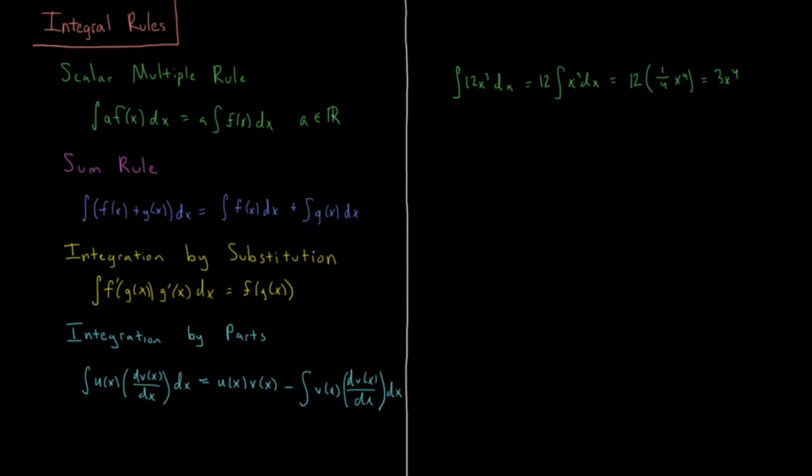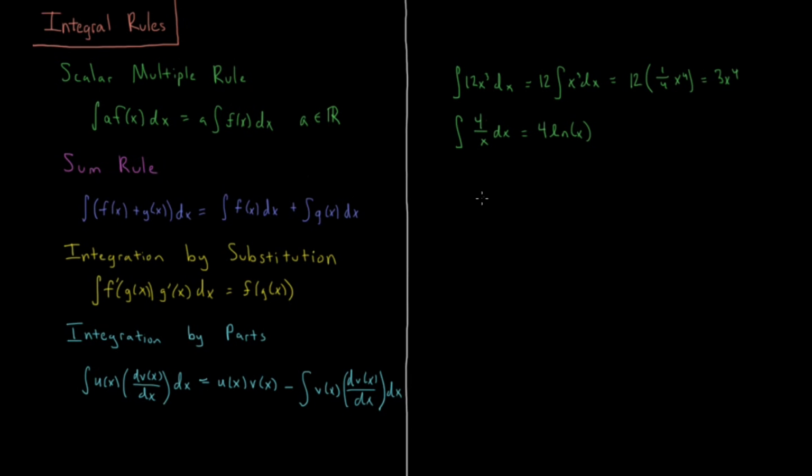The integral of 4 over x dx: 1 over x integrates to the natural log, so 4 times that is 4 times natural log of x. Again, we're not worrying about the constants that usually come after for indefinite integrals. It is usually not of importance in physical chemistry.